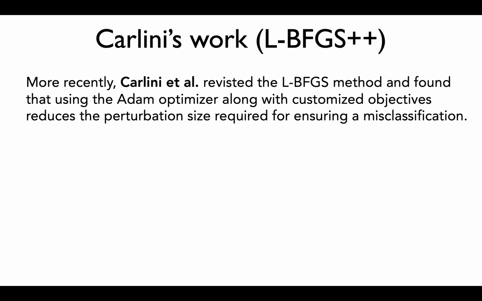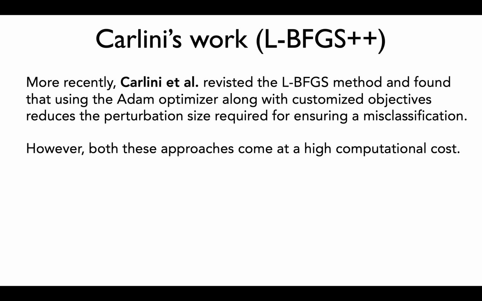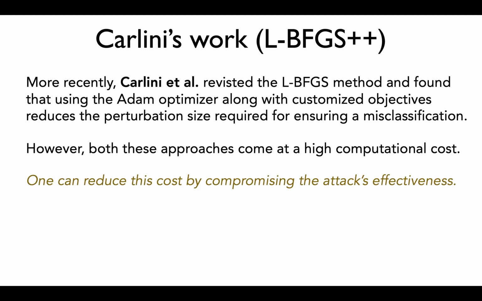The next work which optimized this was the work of Carlini, which revisited the LBFGS method and used the Adam optimizer to produce an adversarial example in a more efficient fashion. But compared to the other approaches, these works based on BFGS were still computationally complex.